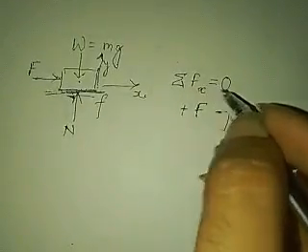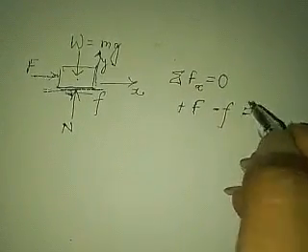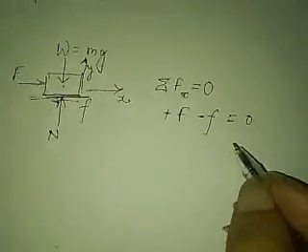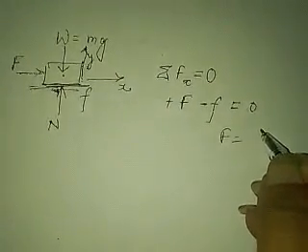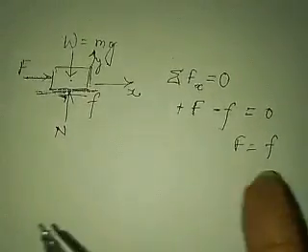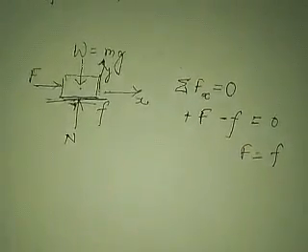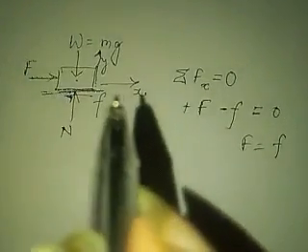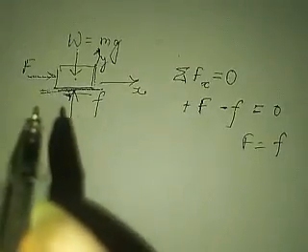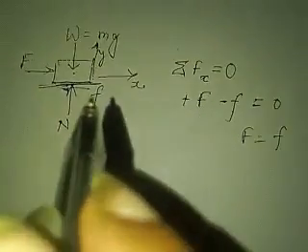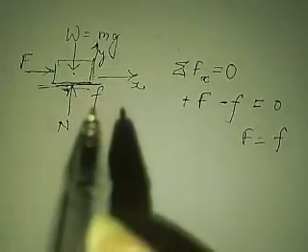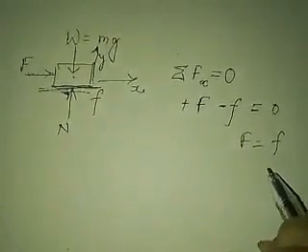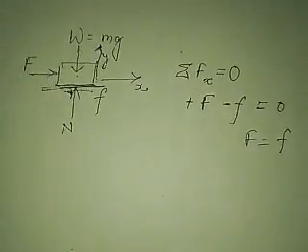So this will equal 0, and I can say that F is equal to small f if this structure is in static state. All the force which I am applying to push this object, and this frictional resistance, both are equal. That's why it is not moving.